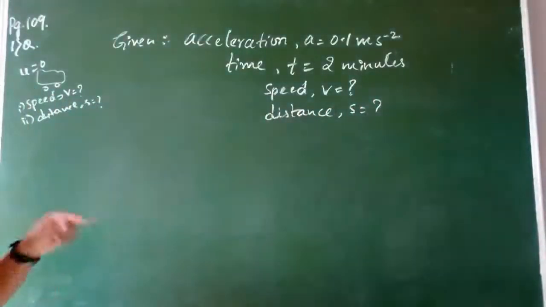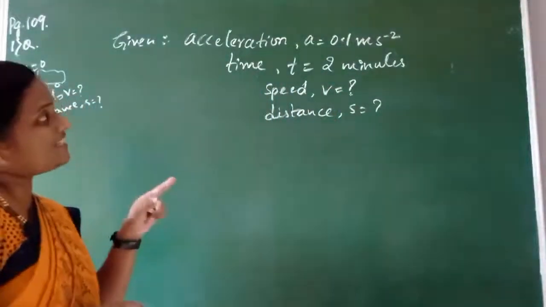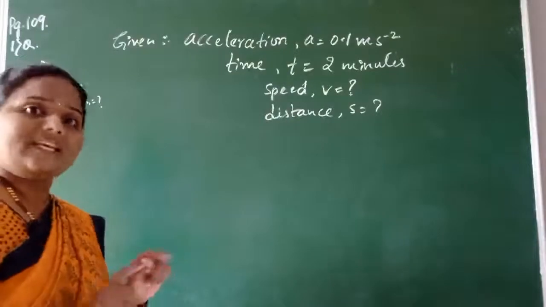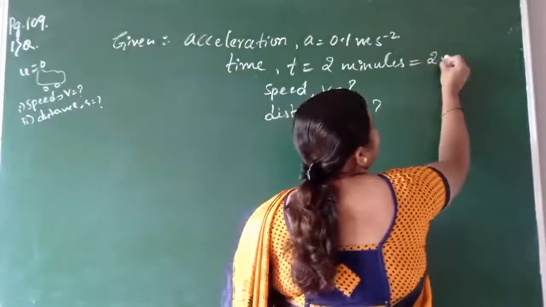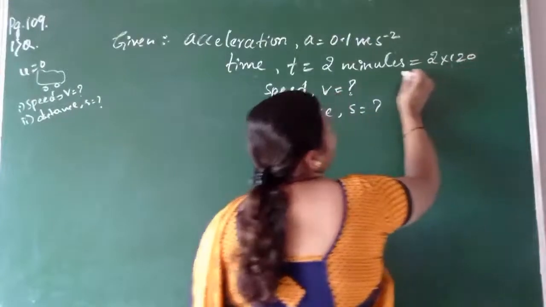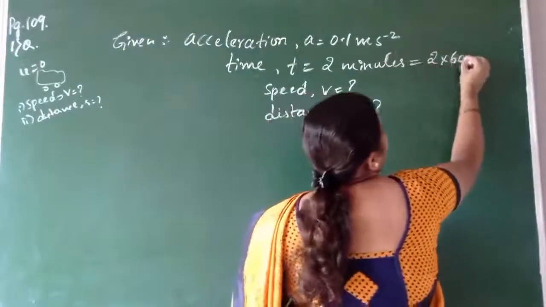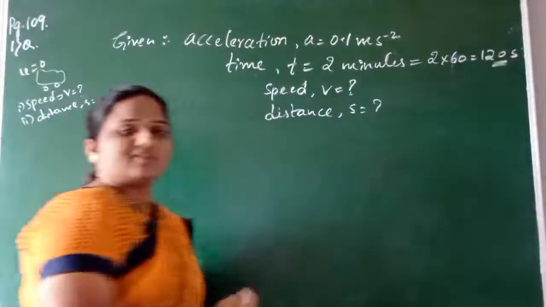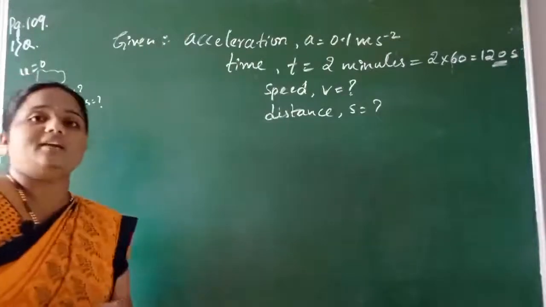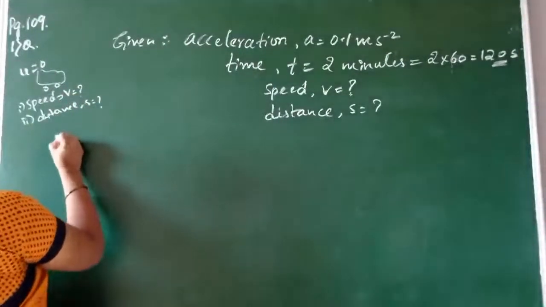We need to calculate these two. See here, when you look at the time value, children, it has been given in terms of minutes. First you have to convert this into seconds. Means 2 into 60, which is equal to 120 seconds. So in terms of seconds, what is the timing value, children? 120 seconds. Now let us solve the first problem.